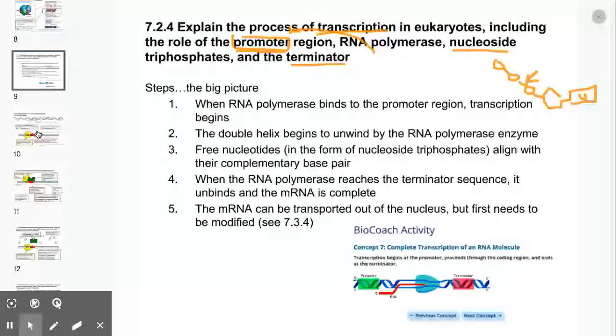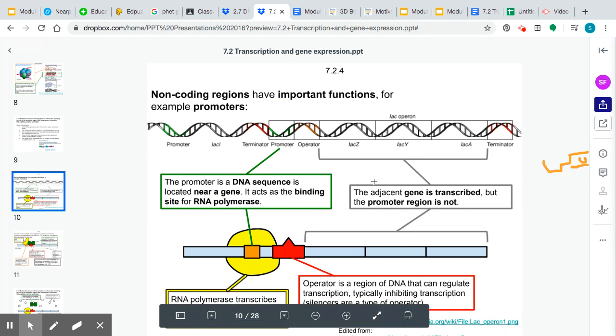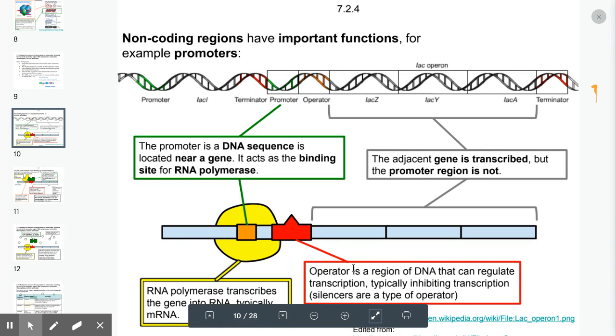All right, so I'm going to go through these slides relatively quickly and not take a whole lot of notes because I think these diagrams do a pretty good job of explaining it. So in the SL version, we kind of simplified it, where here this yellow is our RNA polymerase. It connects to our DNA. Picture this as the double helix if you can.